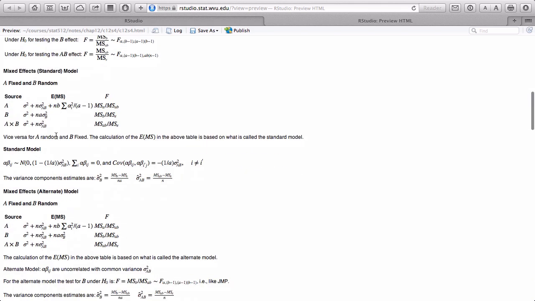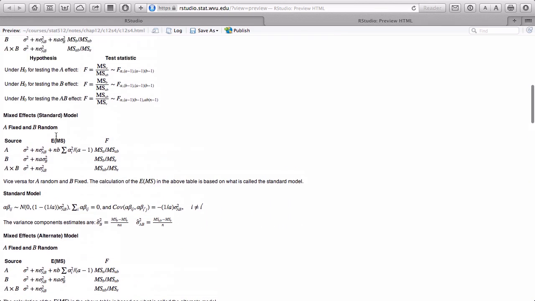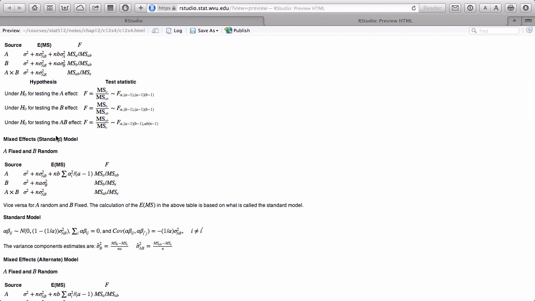I should add that. The degrees of freedom will be a minus 1 for a and b minus 1 for b, and a minus 1 times b minus 1 for the interaction. So if it's a 3 by 3, it will be 4 degrees of freedom, which isn't all that much. So keep that in mind if you have a fully random effects model.